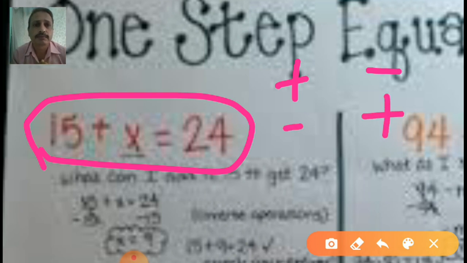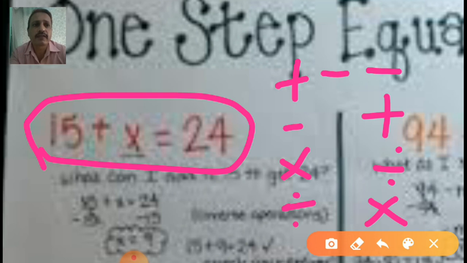A plus number will become a minus and a minus number will become a plus. And one more: if a number is multiplied, then on the other side it goes to division, meaning it becomes the denominator. If a number is in division, it changes to the other side with the multiplication sign.